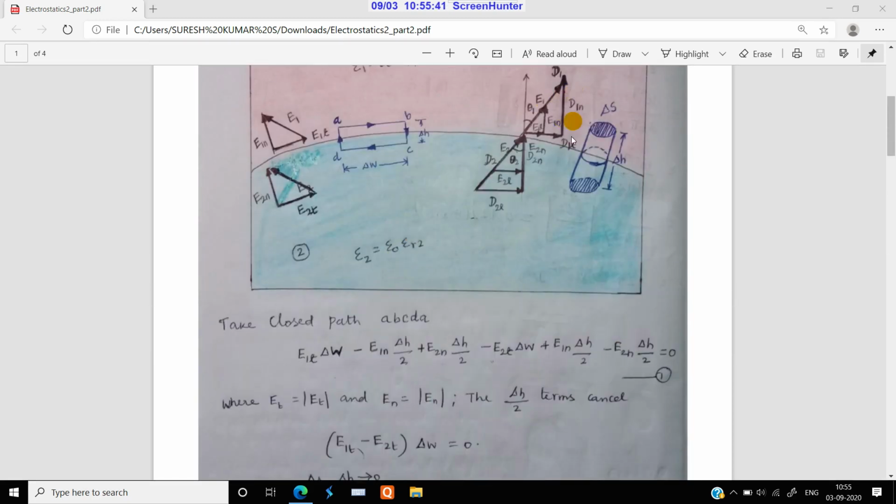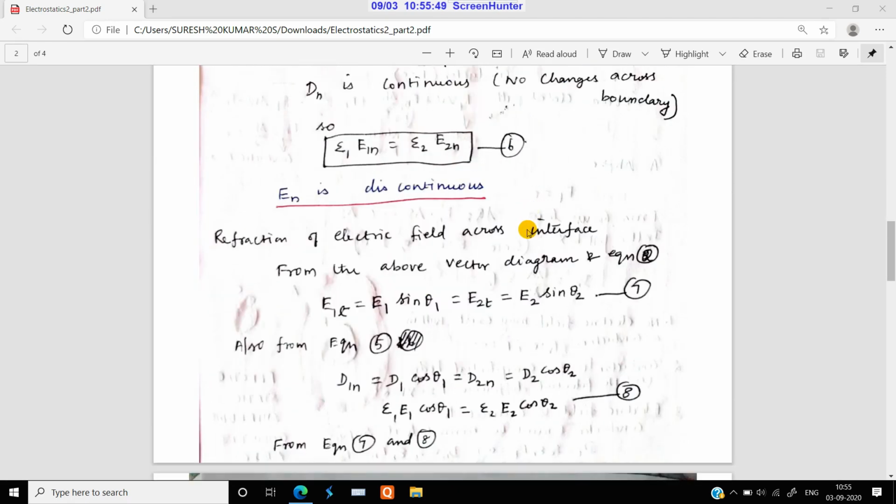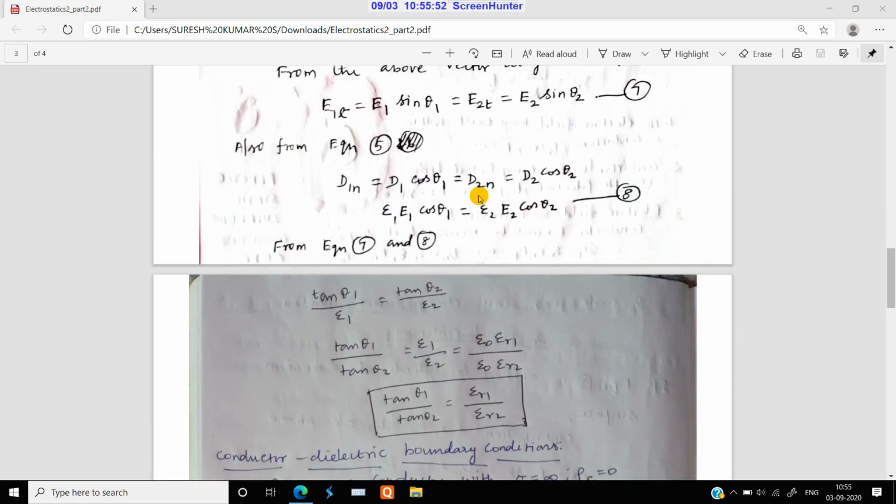D1n is along this particular line. If it is going to be the case, this is the sine theta side and this is the cos theta side. So we can say that as the D1 cos theta 1, D2n is equal to D2 cos theta 2.